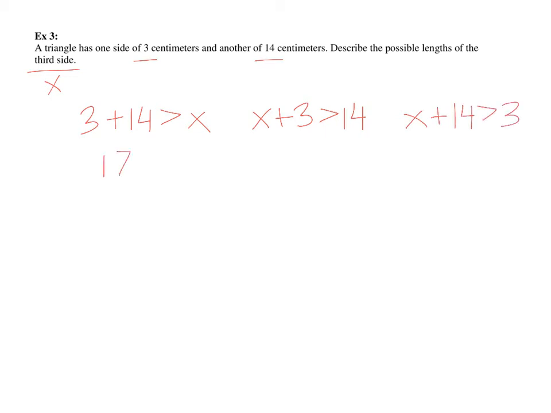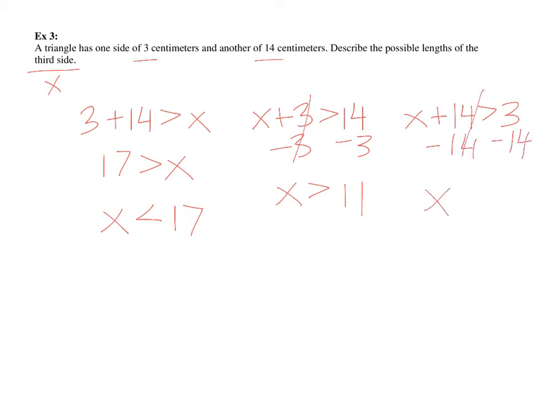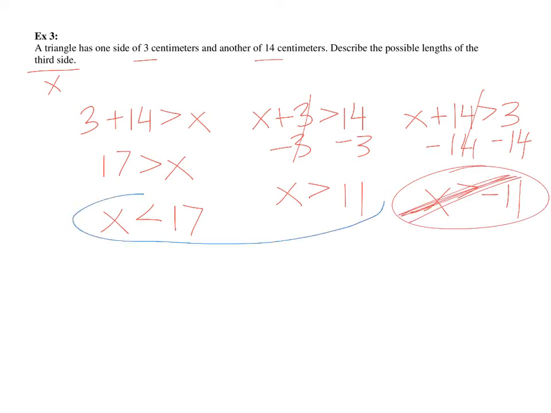So we have 17 is greater than X. X has to be less than 17. Here I subtract 3. X has to be greater than 11. And here I subtract 14, and I get a negative length, and I don't need to use that information because I can't have a negative length. Combining these two pieces of information, what's the smaller number? 11. What's the greatest number? 17.